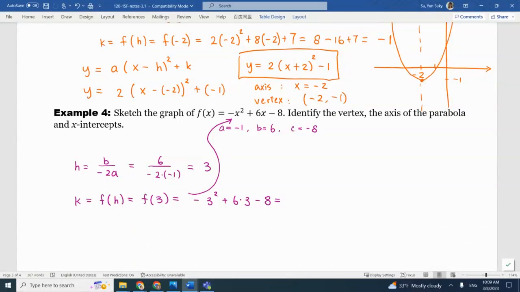What is negative 3 squared? Negative 9, right, everybody? Because we don't have parentheses, it's still negative. 3 times 6 is 18. What is negative 9 plus 18?